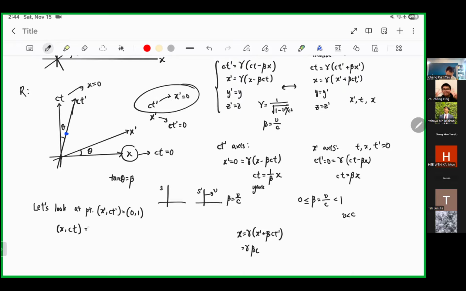So we can put this in as gamma beta c. And then ct equals, using this equation now, just gamma, because this is 0.